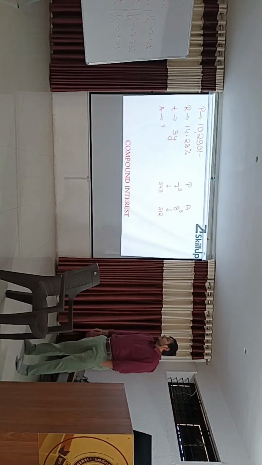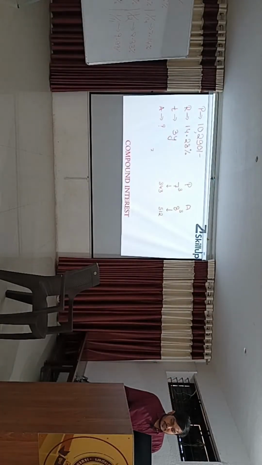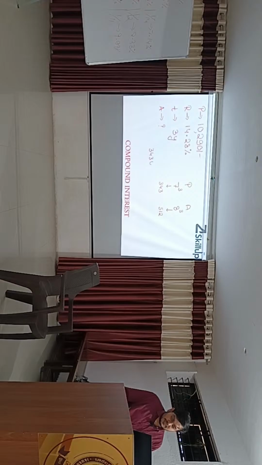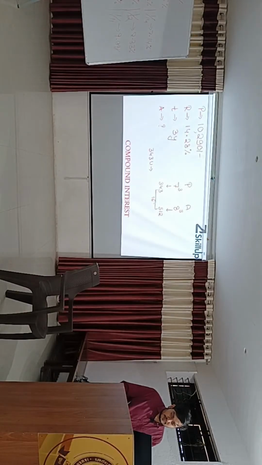Difference is 169. What is given in the question? Principal amount. So that is 343 units. But I don't want the difference now. Why will I take the difference? What is asked in the question? Total amount. Next, 343 units equals what? 10,290 rupees.